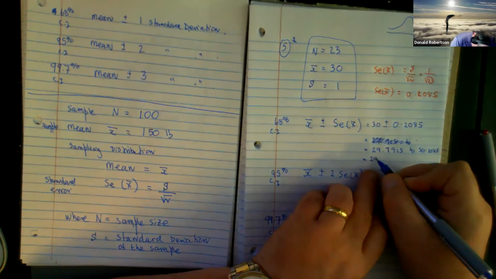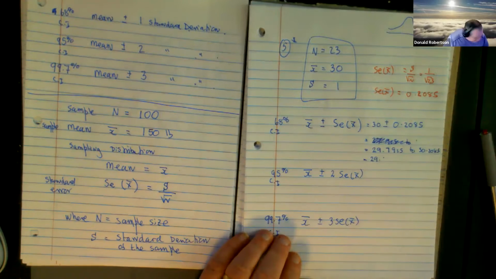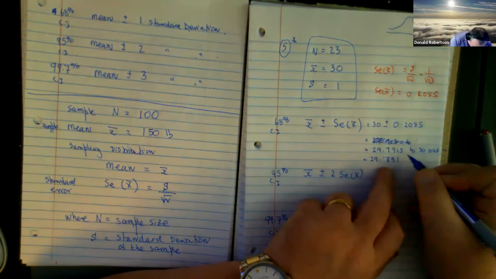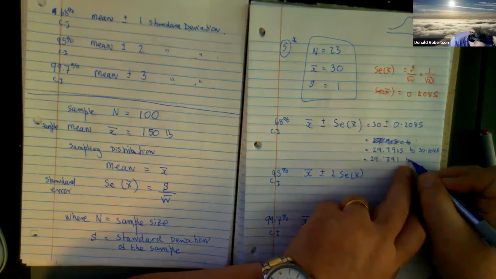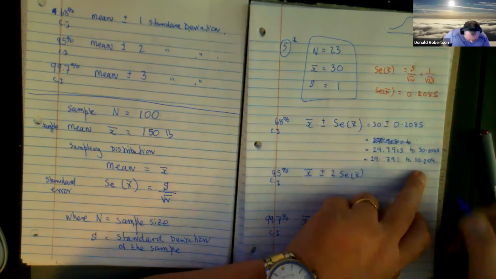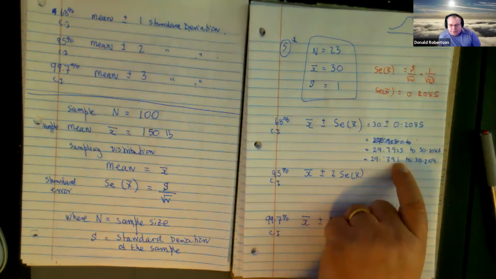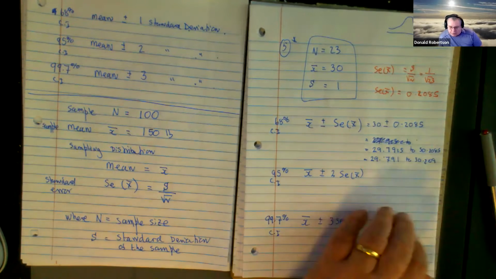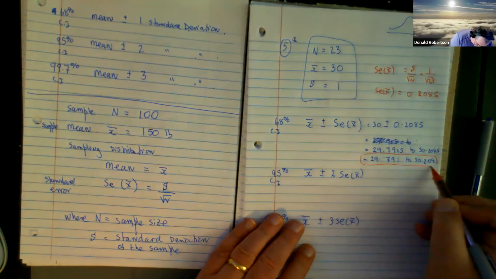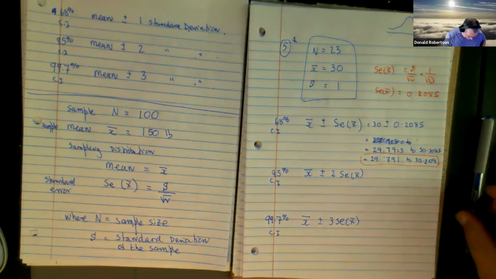And now I'll round it off to, what did they want? I've lost the question here. Number 5, they wanted it to be to 3 decimal places. So they're going to do 29.791 to 30.209. I'd argue about the 1 being a 2, but never mind. I'd say that was a 2, but evidently they're saying it's a 1, so you have to live with that inconsistency. Because technically, shouldn't you always round up when it's a 5 and round down when it's a 4? That's how I was taught to round off at least.